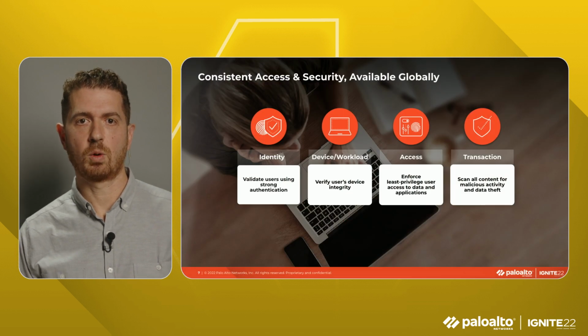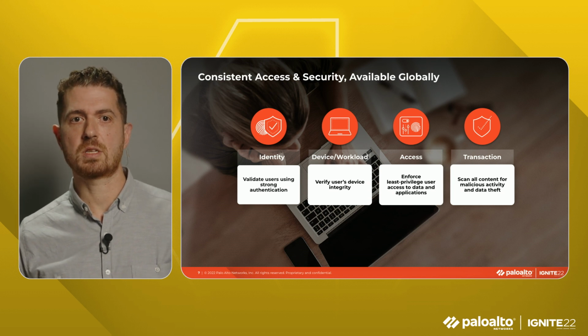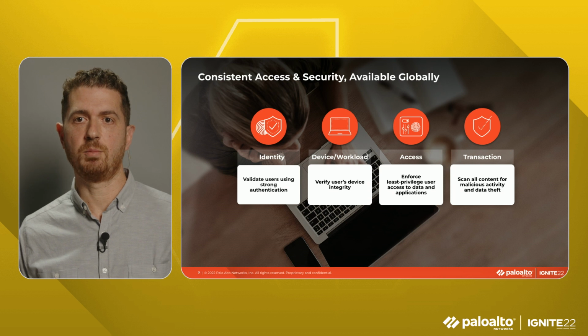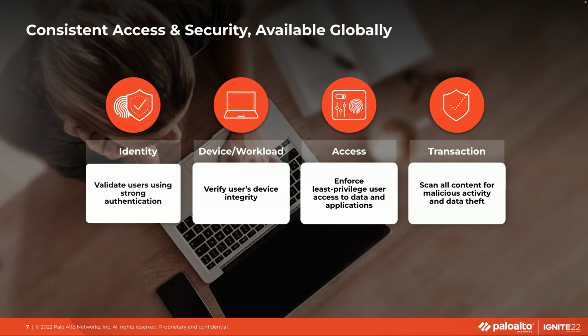Here at Palo Alto Networks, we have created an actionable framework for enabling zero trust across your enterprise network. We understand how daunting this can be for you, so we've broken it down into 4 simple phases. First, identity. Validate your users all the time with strong authentication as soon as they enter your network. Second is devices and workloads. Verify the integrity of that device, making sure it's constantly secure.